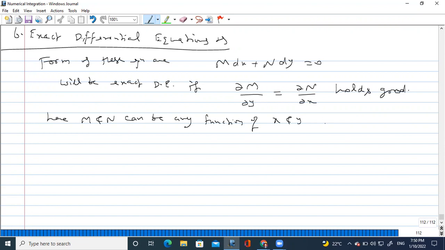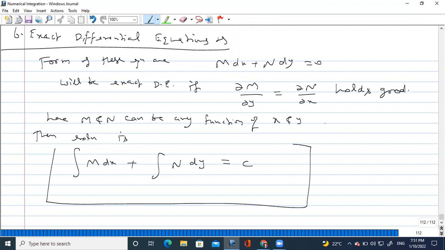This is the condition. Then the solution is the integral of m dx plus the integral of n dy is equal to some constant c.